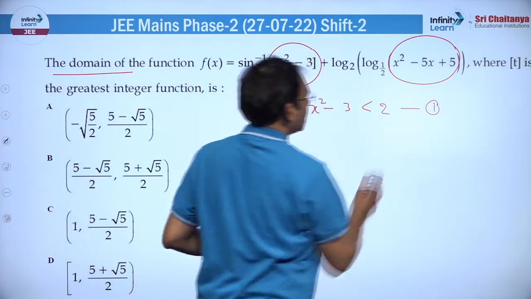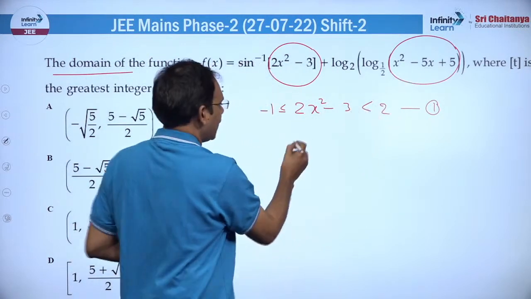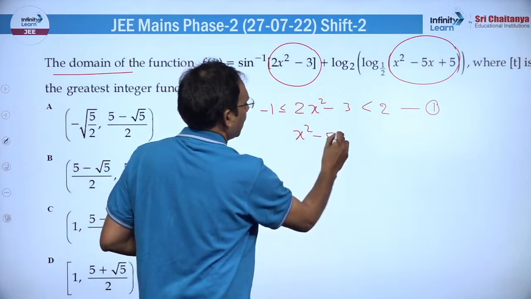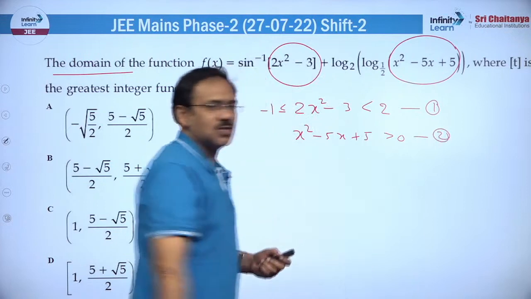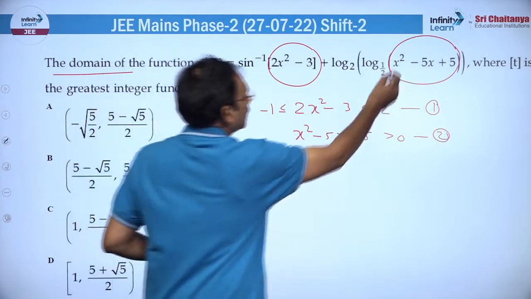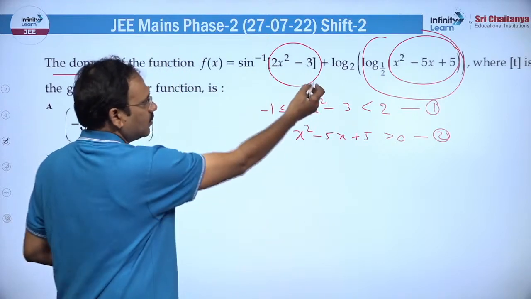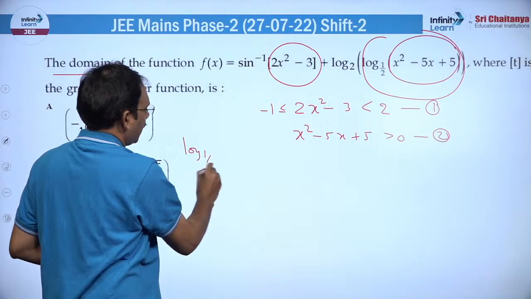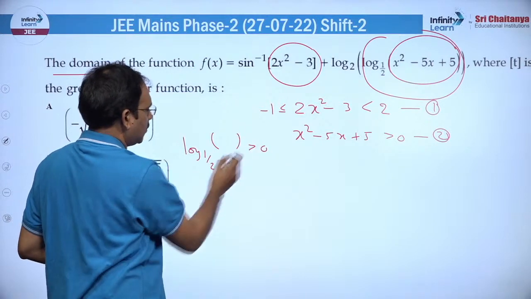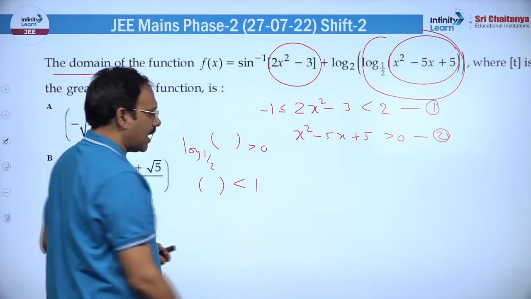We can solve this. And the second one: the input of this logarithm, x square minus 5x plus 5, must be positive. This is the second inequation. And the third one, the input of the second logarithm should also be positive. That means log base 1 by 2 of something should be positive, and as the base is between 0 and 1, this something must be less than 1.